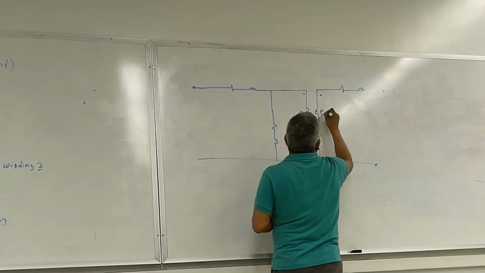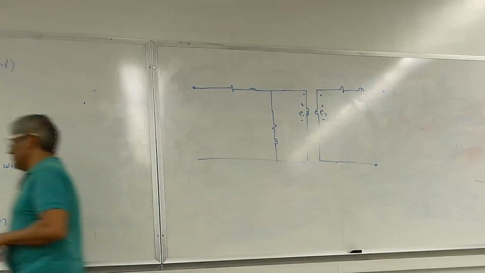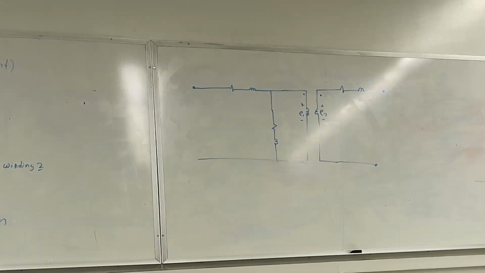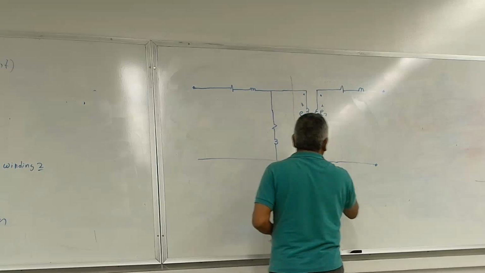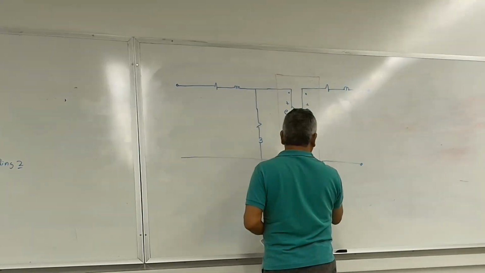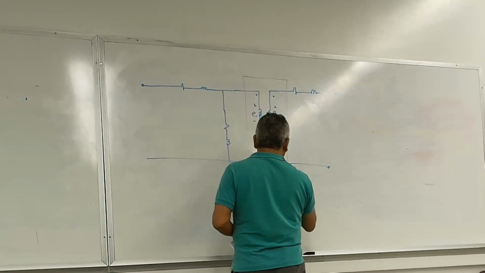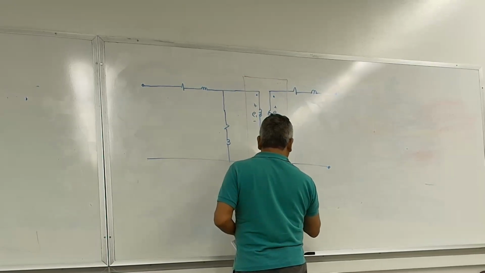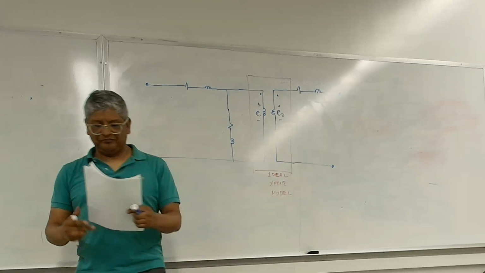E1, E2, plus minus. Okay, this right here is what we just talked about. This is the ideal transformer model.